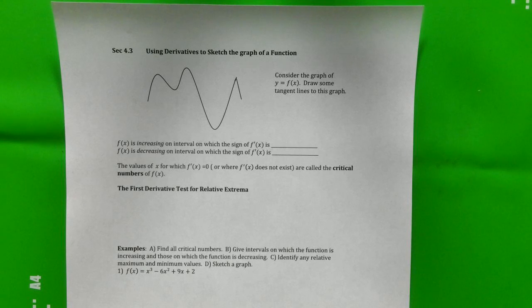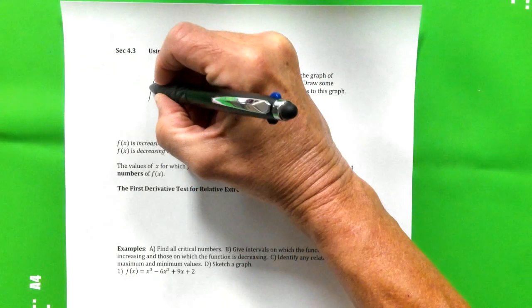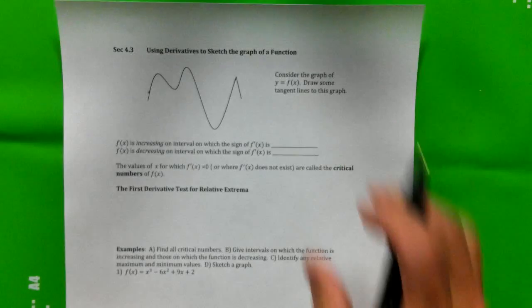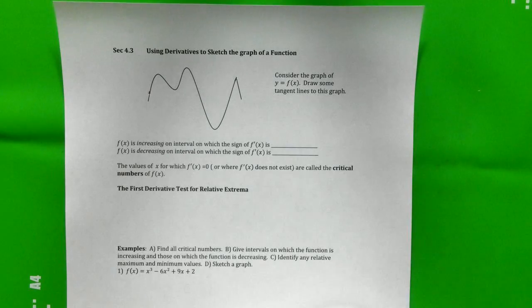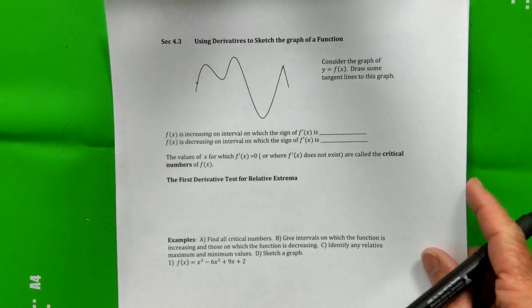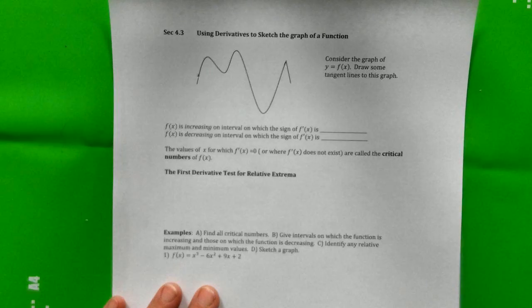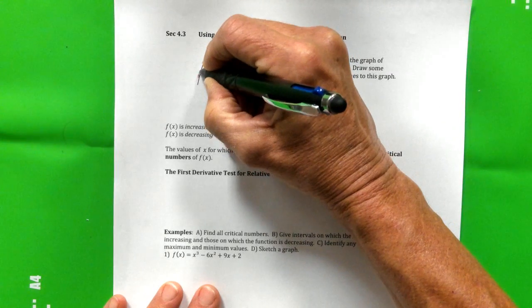So I think I got a red marker here. Over here, at this point, my tangent line will look something like that.